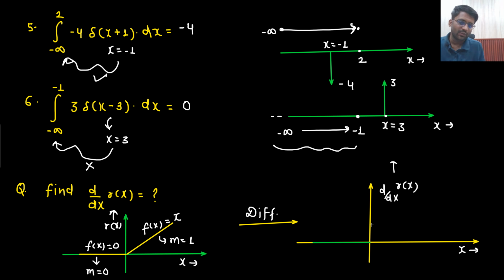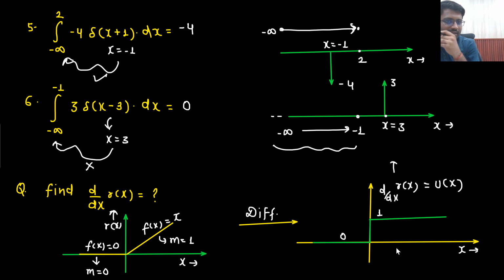For x greater than 0, the slope is 1. So this is becoming ux only.